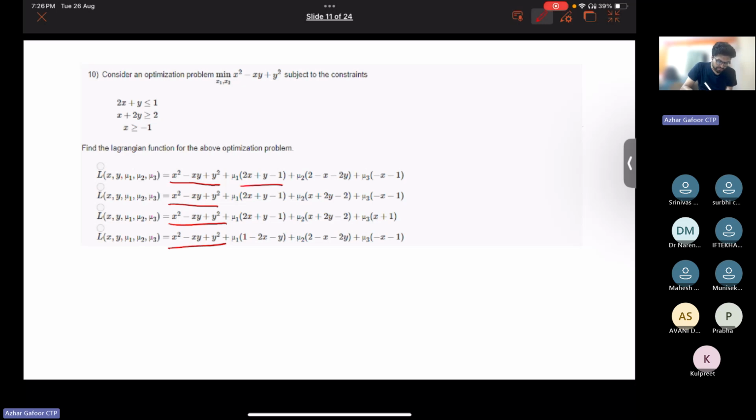This is in the standard form, whereas this is not in the standard form. Now we have to see which all are having it. So this is not an option. And this is in the standard form. This is standard form, this is not, this is, and this is. So the correct option is the first one.